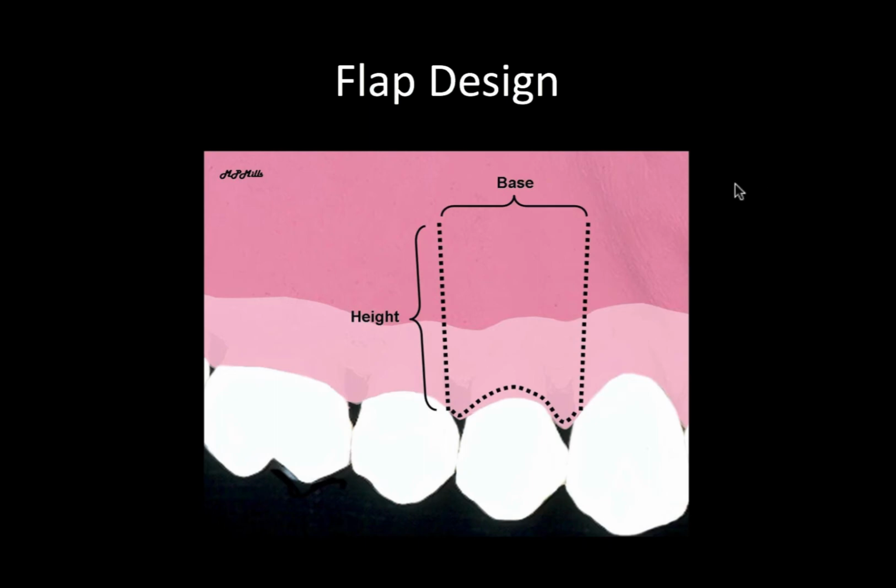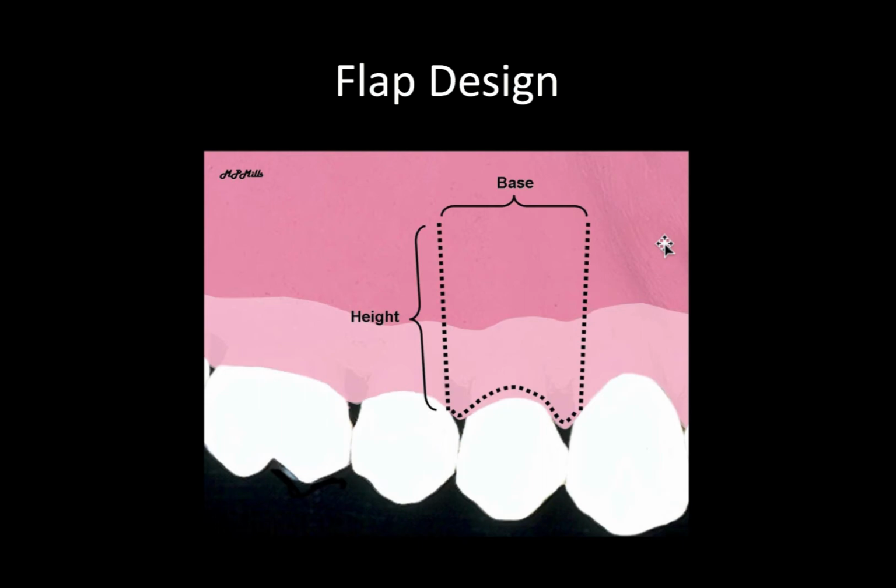In this diagram, this is our base, and all of our blood circulation comes from this base to support the flap. There's certainly some anastomosis that takes place from the opposite side at the crest, but again, the majority of our circulation comes from the base.